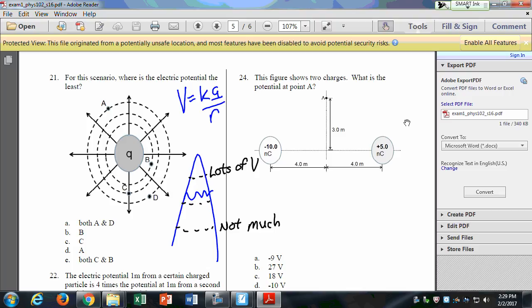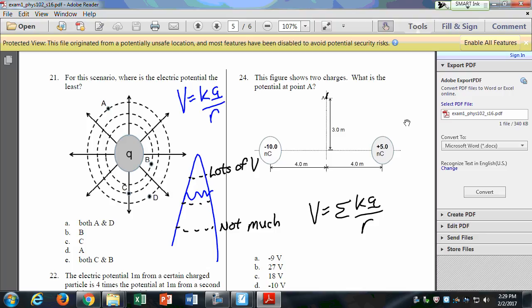Be able to find the potential due to multiple point charges. It could be 2 or even 3 charges. It's a lot easier than finding fields because they're not vectors. When finding the potential due to point charges, V equals the sum of kQ over r.